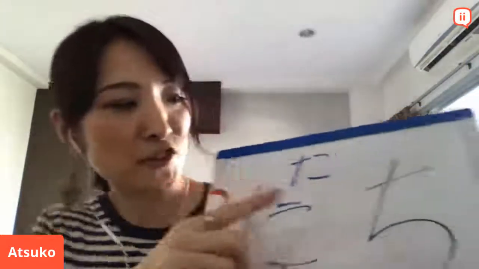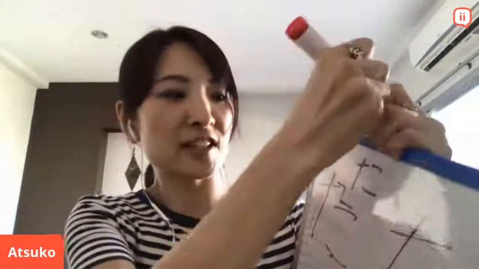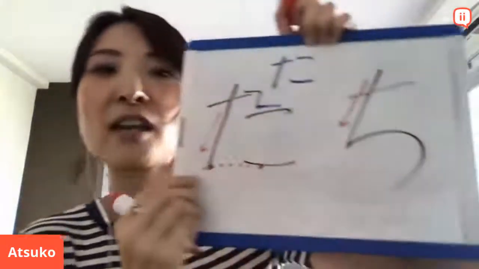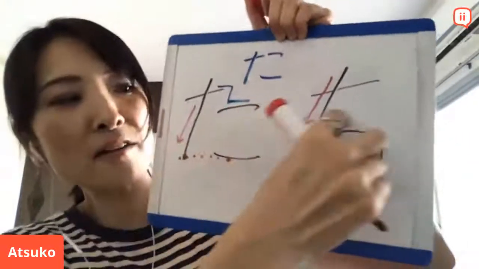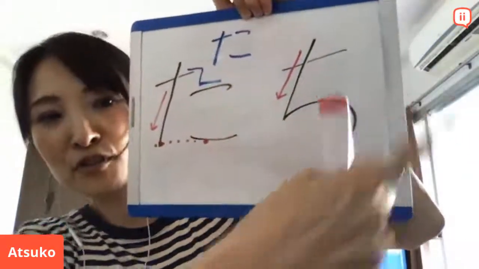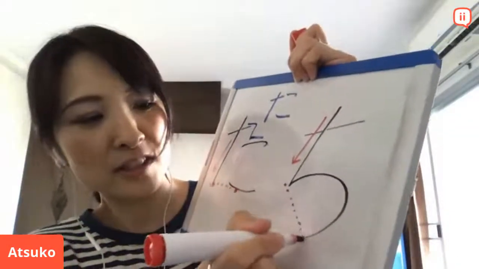Next, hiragana is ち, kachitsuke no ち. First stroke is this line. Second stroke is go down to the left, and curve non-stop, non-stop, and finish here.